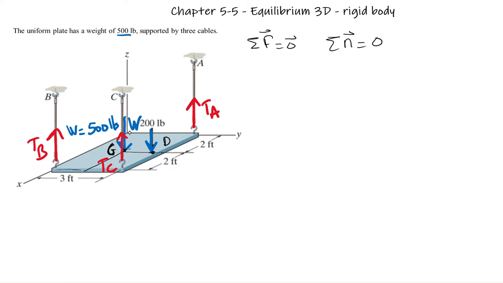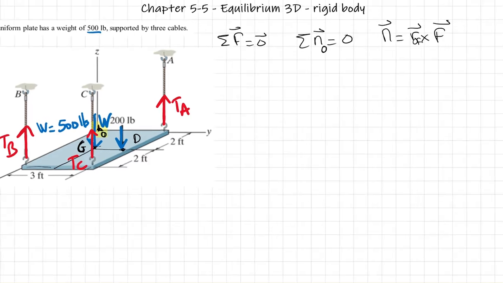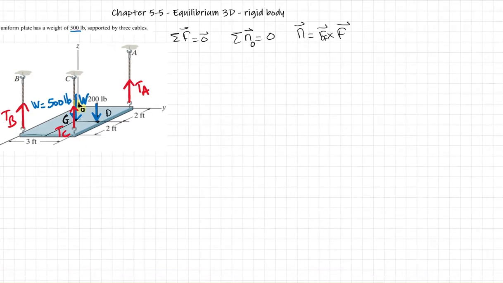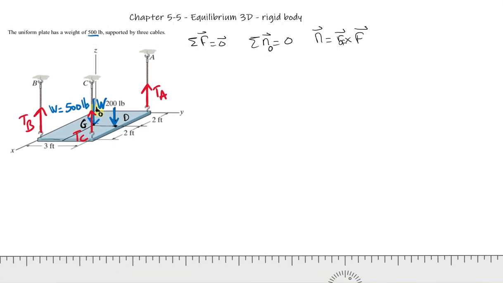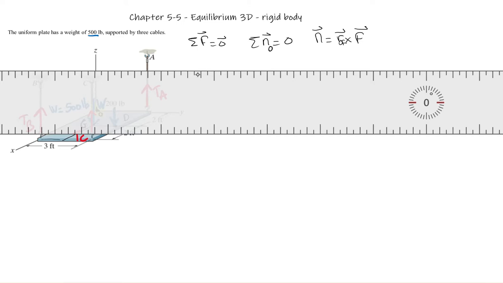So I will use this point, O, the origin of the axes, for my moment equation. Remember that the moment is equal to R cross product F, from O to the force. So let's do the table, and I need space, so I make it a little bit smaller.